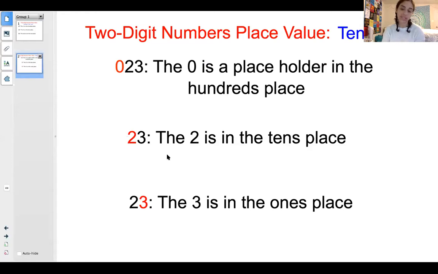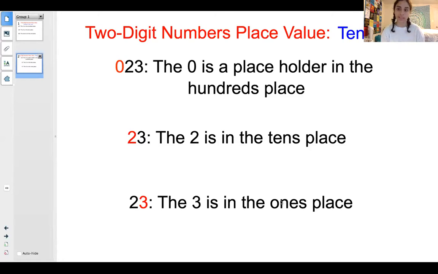The number is 23. In 23, the 2 is in the tens place. If I had 2 rods using our base 10 blocks, we would have 2 tens, which is 20 together. Then the 3 is in the ones place.